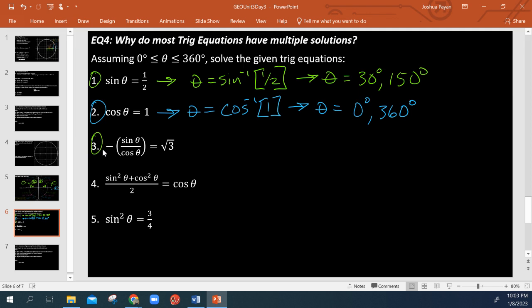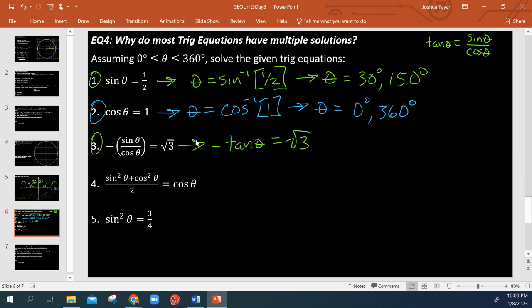Here's another one. Right here, we see we can make use of the tangent rational identity, right? The tangent rational identity simply says that tangent theta is equal to sine theta over cosine theta. So basically, if you have the sine of an angle divided by the cosine of the same angle, it's the same thing as just taking the tangent of that angle, right? So I can rewrite that to just say negative tangent theta, and it already looks much simpler than it did.